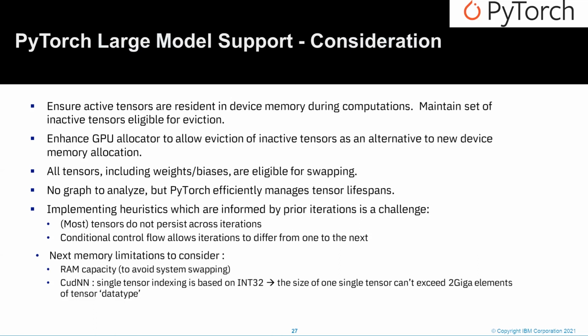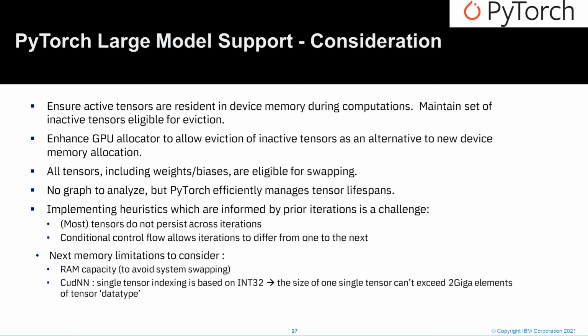All the tensors, including weights and biases, are eligible for swapping. There is no graph to analyze, as was the case in previous versions of LMS. It's no longer the case, so it's more flexible.